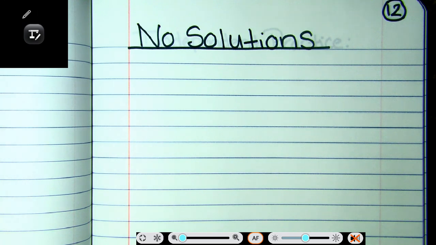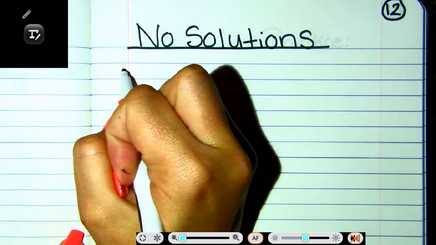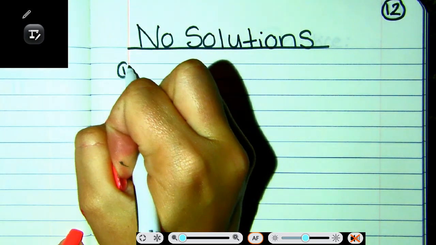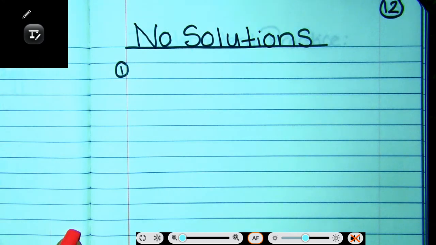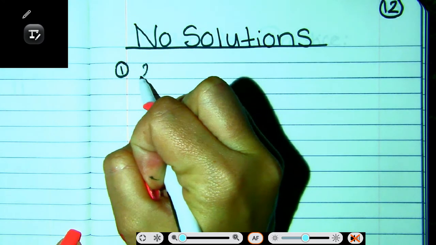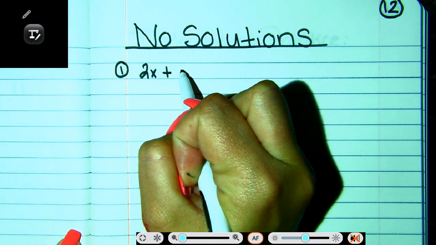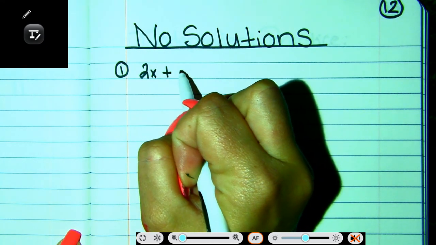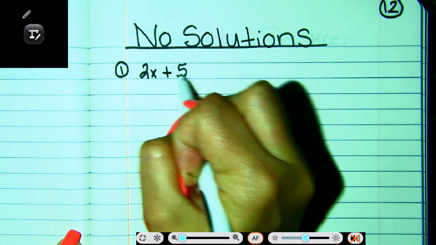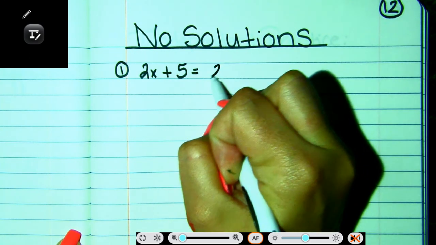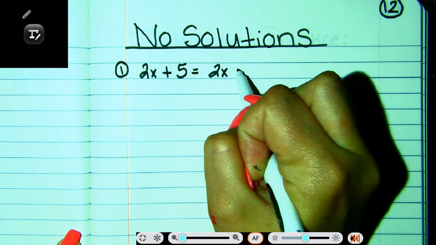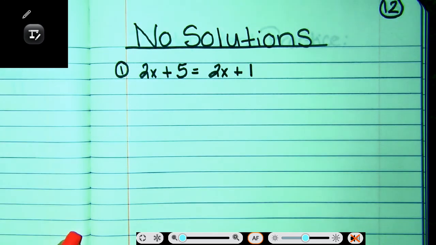So number one, let's see if we can see that this is no solution. We have 2x plus 5 is equal to 2x plus 1.